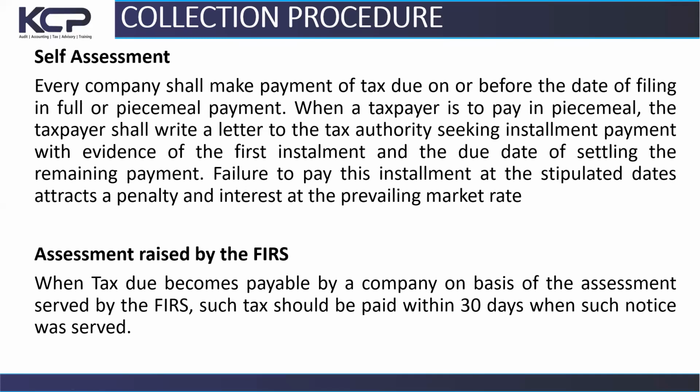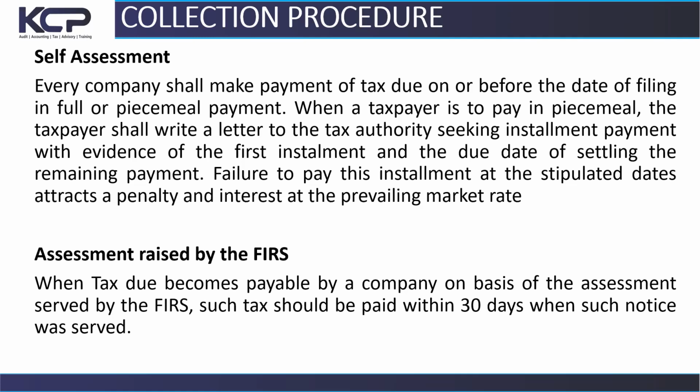If it is on self-assessment, what then happens? Every company shall make payments of tax due on or before the date of the filing, in full or in piecemeal payment, but you have to get an approval for that piecemeal payment. As a condition for getting that approval, when you are filing the assessment, you have to attach the evidence of payment of the first installment to it.